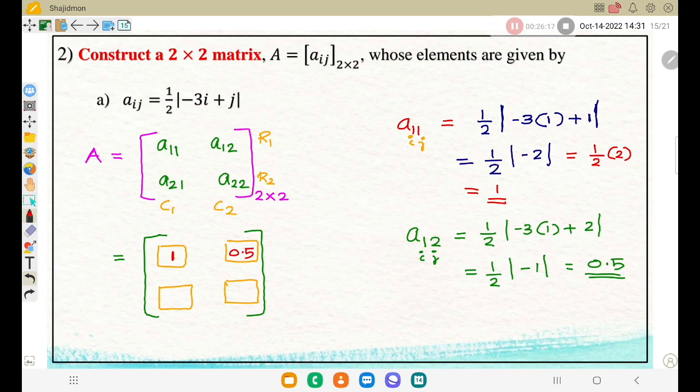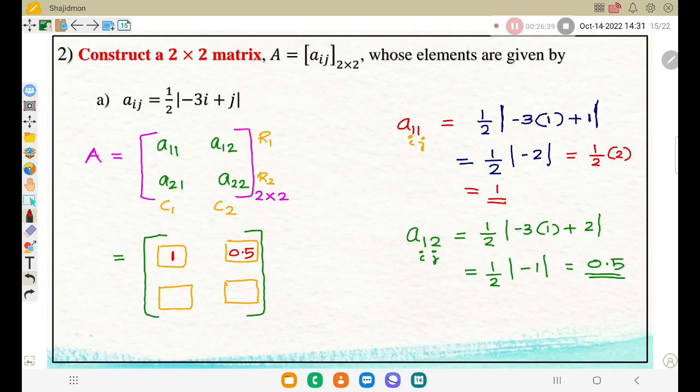Now in the same way we are calculating the third number, A21. A21 equal to, that means i number is 2, j number is 1. So half into absolute of minus 3 times i, which is 2, plus j, which is 1. Correct?